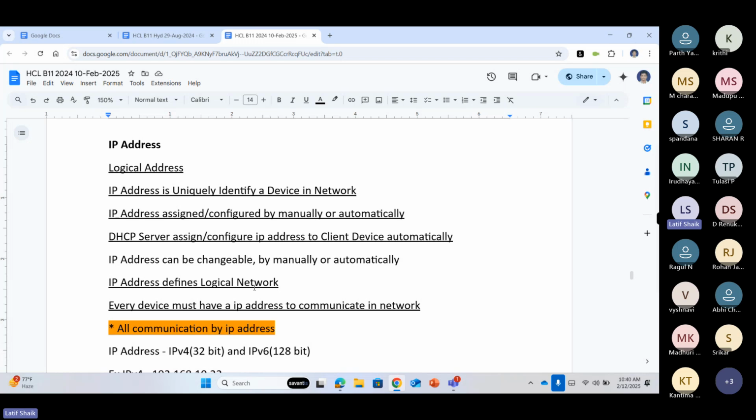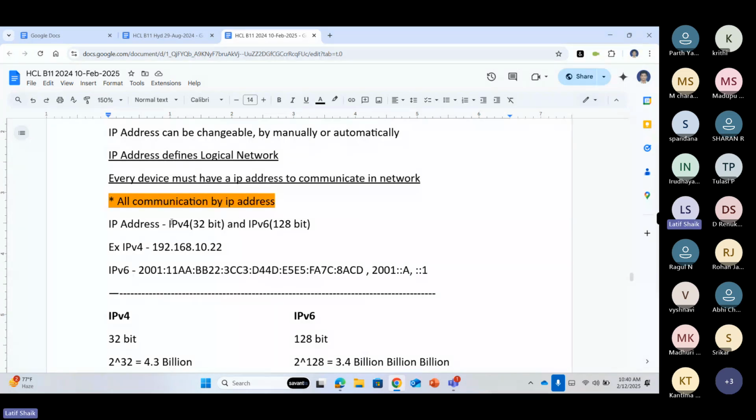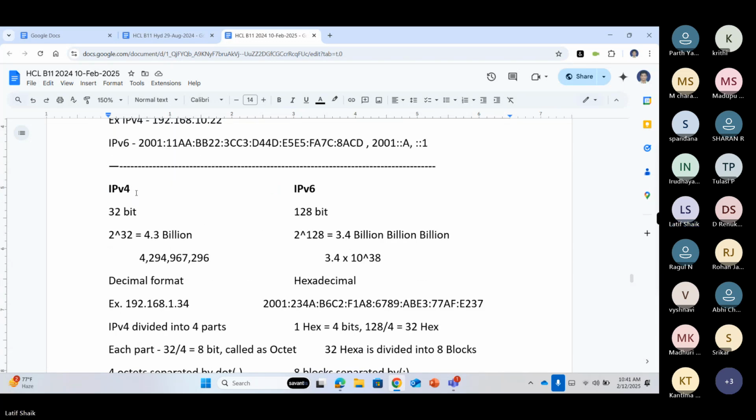There are two versions of IP address, IPv4 and IPv6. IPv4 is 32-bit in size and IPv6 is 128-bit in size. IPv4 is represented in decimal format, IPv6 in hexadecimal format.